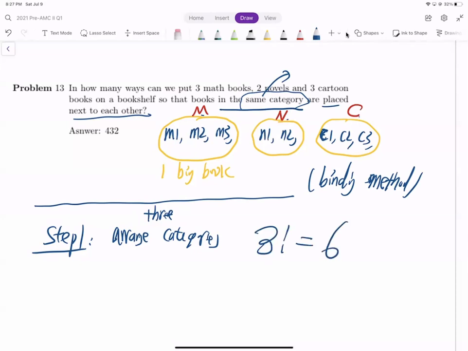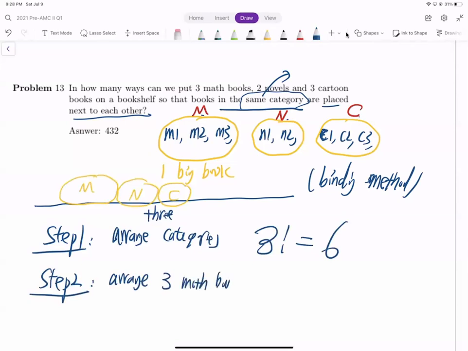And then, after you decide where to put the math books, let's say I put math books in this section, novels in this section, and cartoons in this section, right? And then you say, okay, step 2, I can arrange 3 math books, which is 3 factorial, because I can just shuffle around.